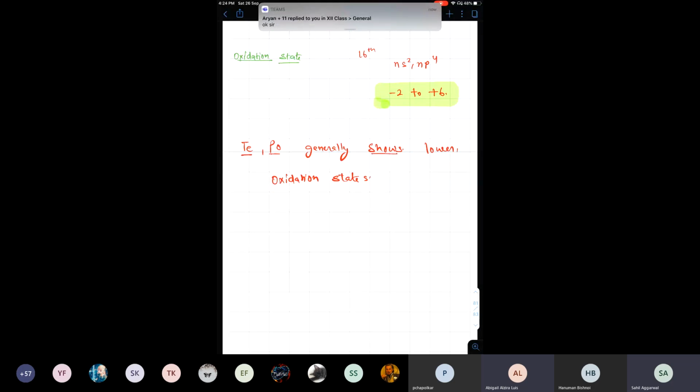They generally show lower oxidation state. Why do they show it? Please mute your mic. Abigail, mute your mic. Why do they show lower oxidation state?